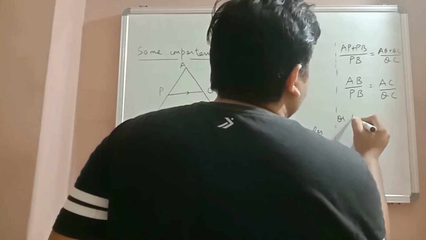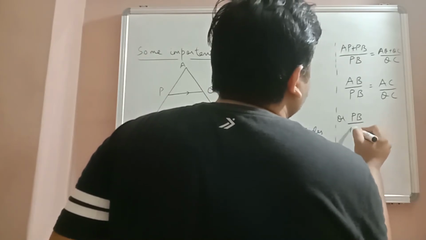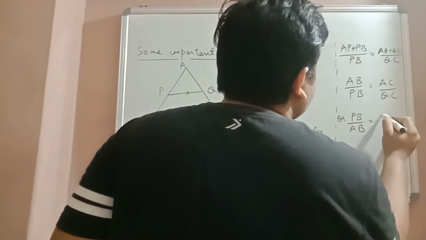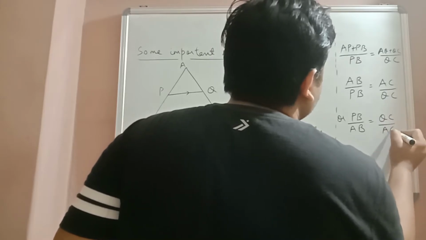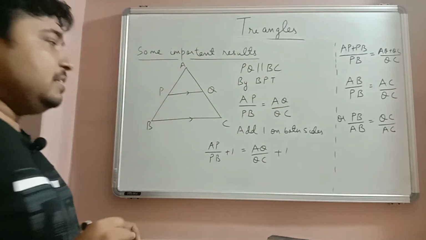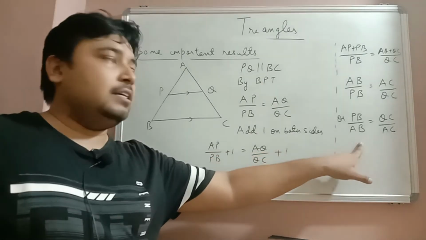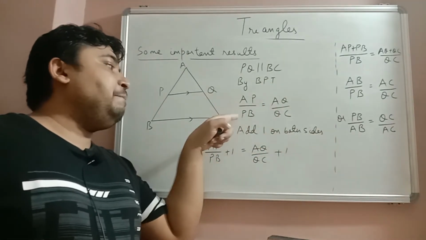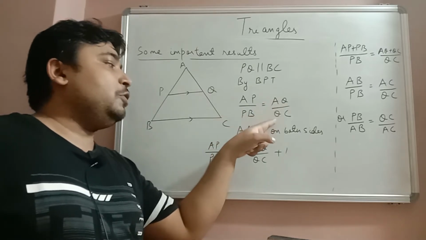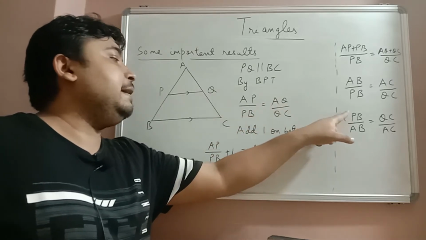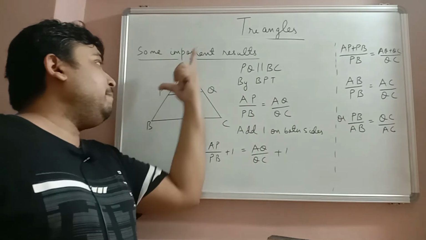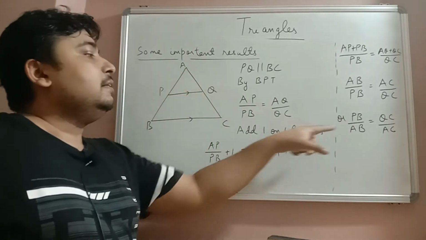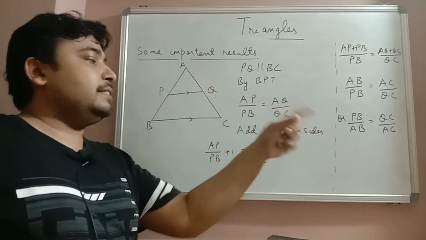Or we can say that PB upon AB is equal to QC upon AC. So this is another very important result. When PQ is parallel to BC, apart from having AP upon PB equal to AQ upon QC, we also can say that PB upon AB, the whole length, is equal to QC upon AC.